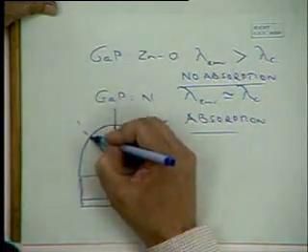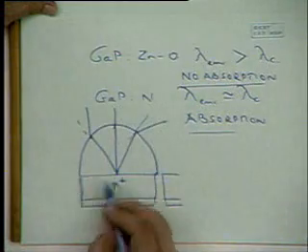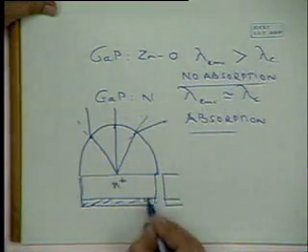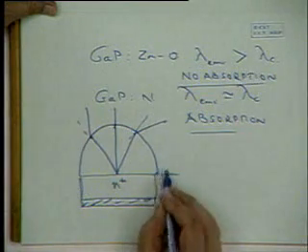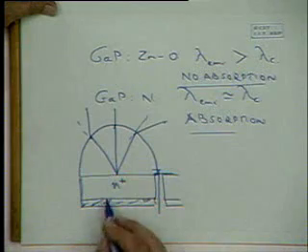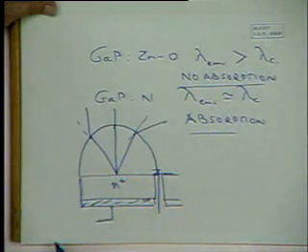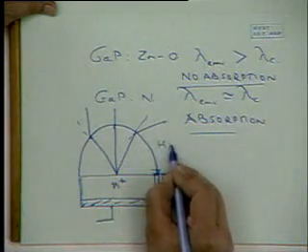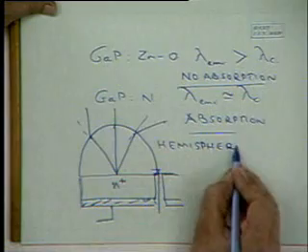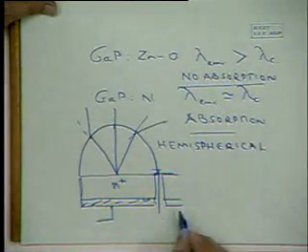So one idea is having, these are the contacts, so you could make one contact here and one contact here. So you have a semiconductor with a hemispherical shape, which will give you greater light output.